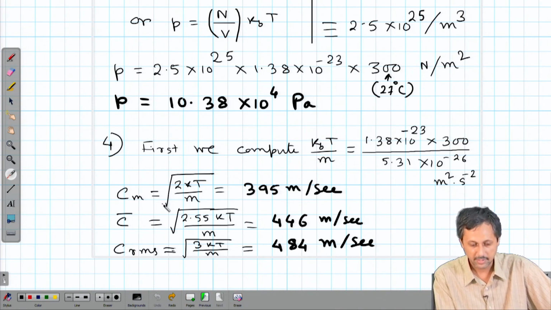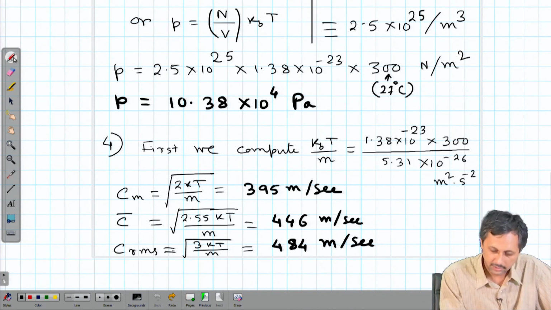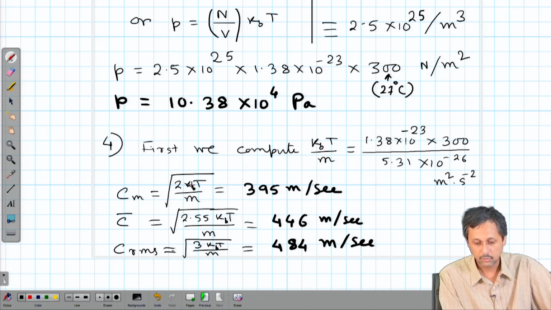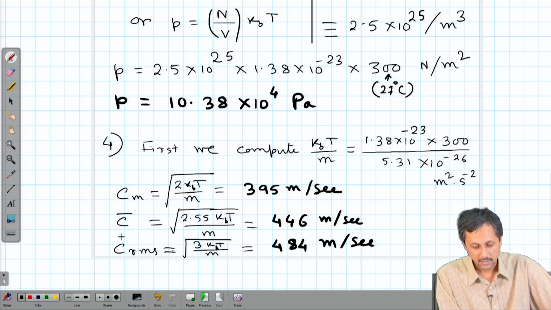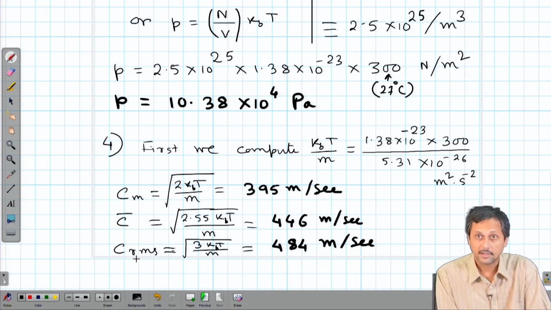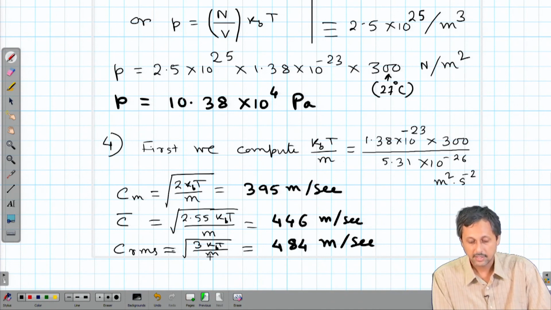Now, what is Cm? This is simply root of 2 kBT by m. So, Cm is root 2 kBT by m, C bar is equal to root of 8 kBT by pi m, that is 1.6 root kBT by m, and C R.M.S is equal to root 3 kBT by m, and the numbers are this.